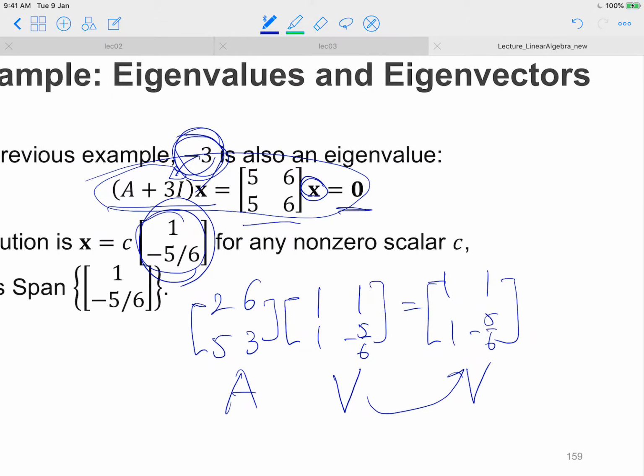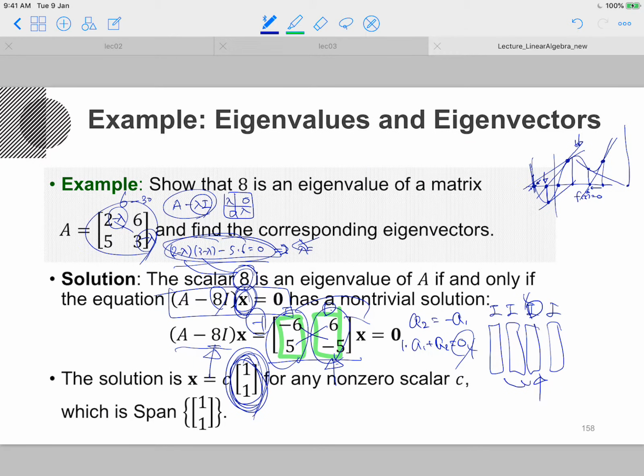Okay, and then we introduce another matrix D, which is a diagonal matrix, and the diagonal elements in this matrix are our eigenvalues. So for the eigenvector (1, 1), it is paired with eigenvalue 8, right?